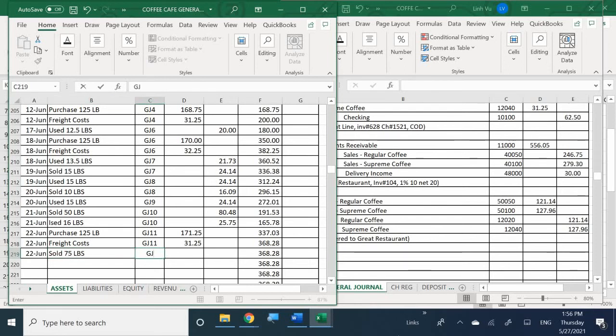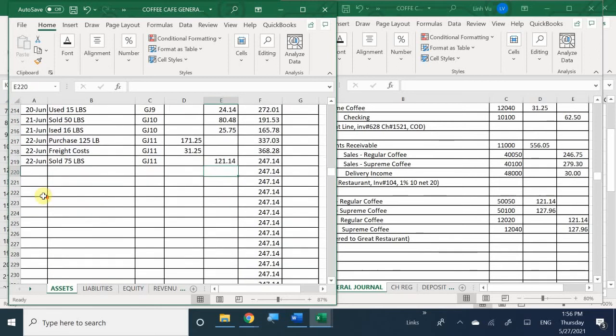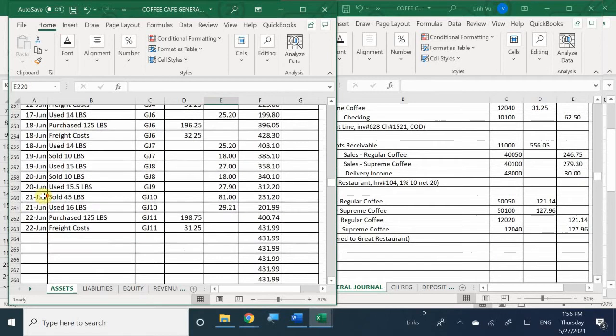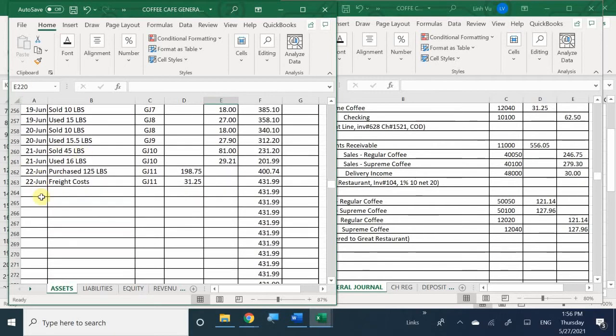And the credit for $121.14 brings a running total to $247.14. Good. And down to Supreme, 622. Sold 70 pounds of this one.